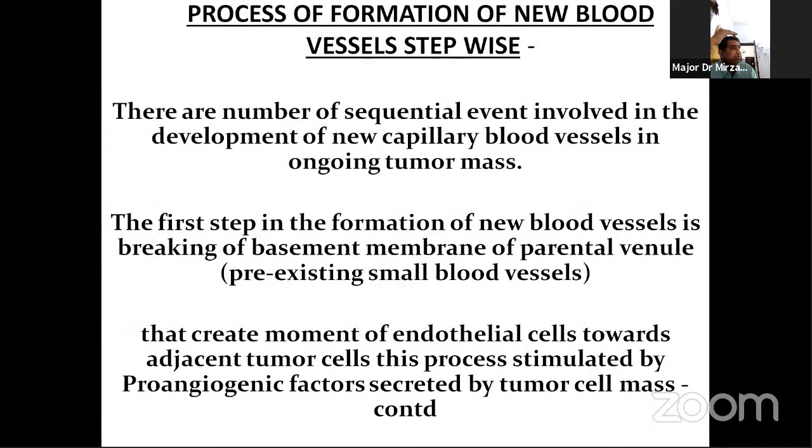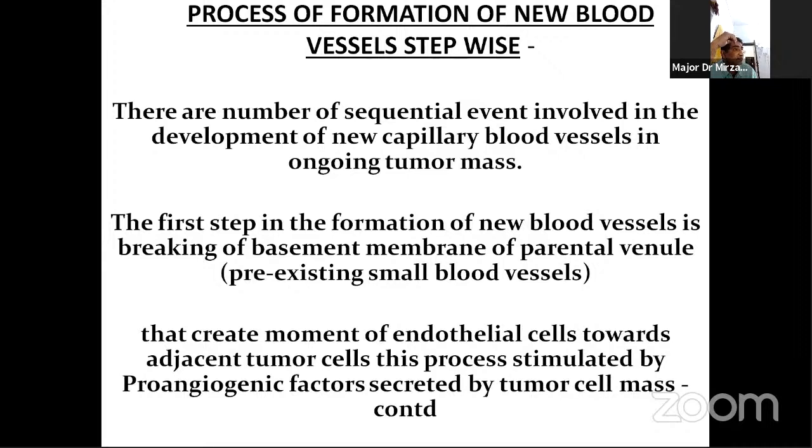What are the steps in new blood vessel formation? First step is breakage of the endothelial cell basement membrane of a parent vessel, the parent venule. After the breakage of these vessels, who does this breakage?